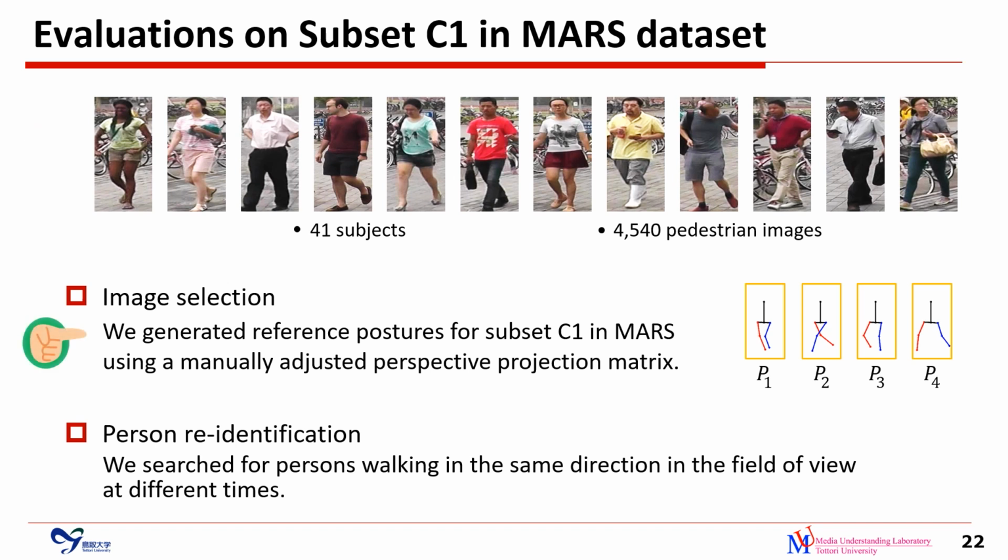We generated reference postures for subset C1 in the MARS dataset using a manually adjusted perspective projection matrix. We searched for persons walking in the same direction in the field of view at different times. Other conditions are the same as evaluations on the TUP dataset.